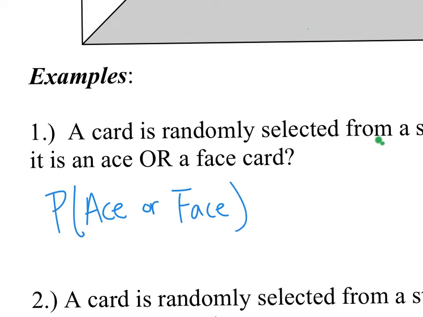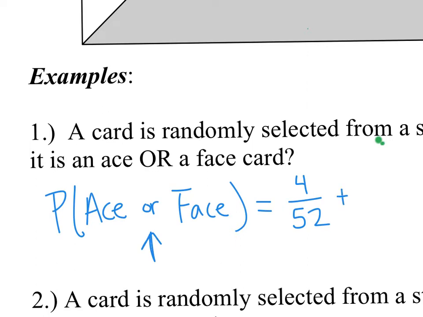Well, the probability of it being an ace, how many aces are there in a deck? There are 4 out of 52 cards that are aces. Okay, it's or, so we're going to then add.